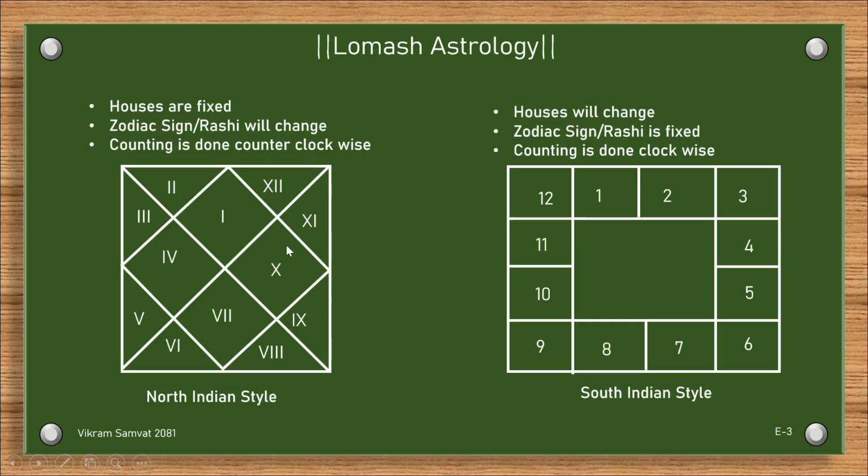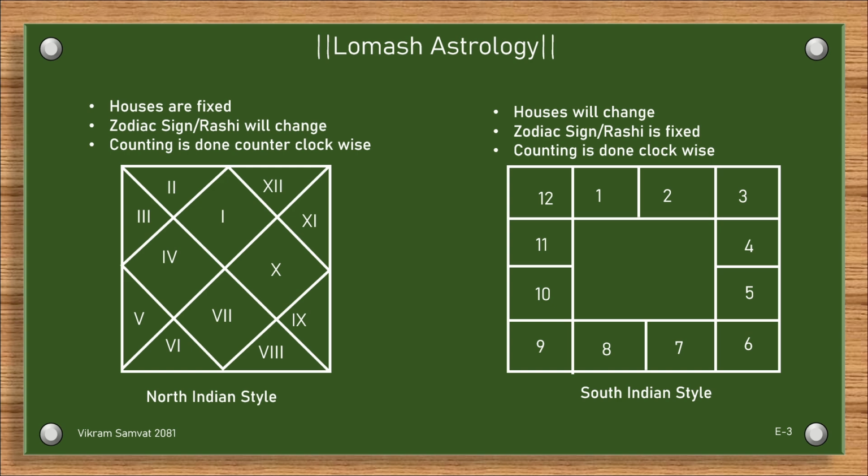So in the North Indian style of birth chart, houses are fixed. What does it mean? Wherever you see Roman number 1 mentioned, we will not write this Roman number 1 when we cast the actual horoscope, but you just understand that wherever Roman number 1 is mentioned is house 1, then 2 is house 2, then wherever 3 is written is house number 3 or bhava 3, and so on.